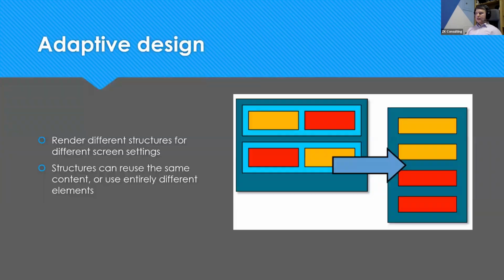So adaptive design at its core is the concept of replacing entire structures or moving structures around when detecting different screen sizes. The idea here is that not every page structure is applicable to every single viewing experience.